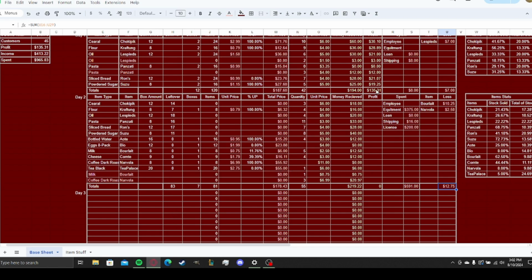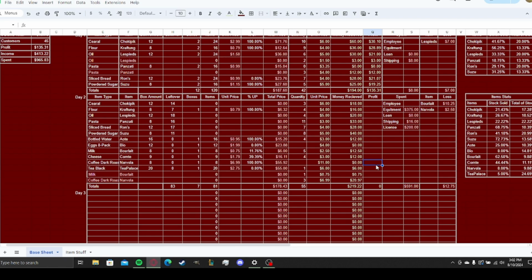If you do a percentile for the first day's profit, how much is that? Because if it was $100, it would be 12%, but it's under that by like a third. So a third of that is $4.